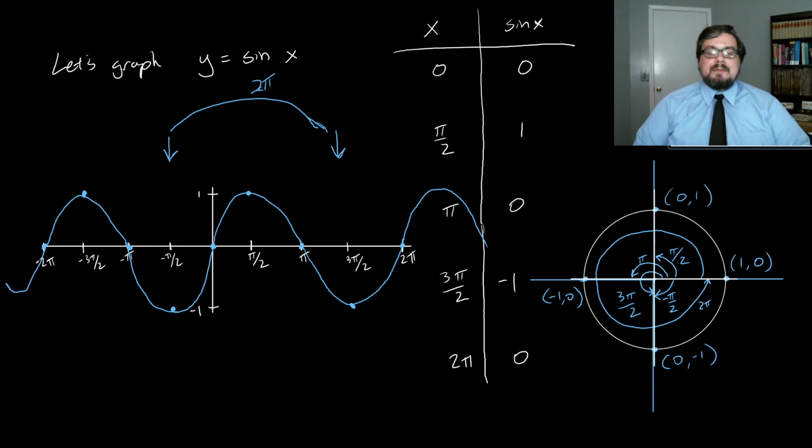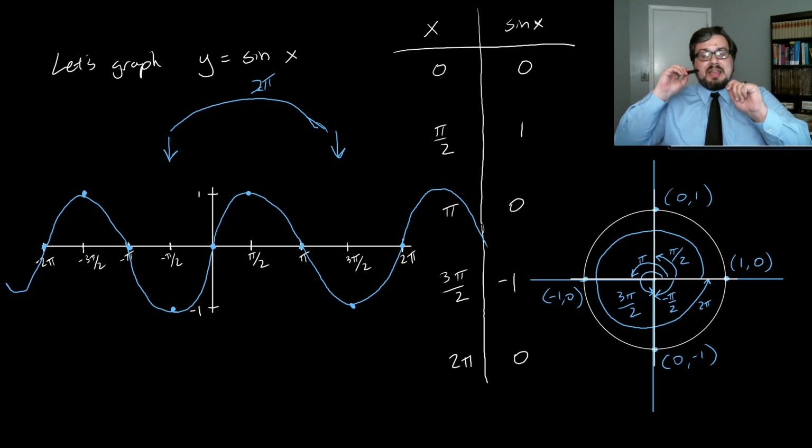And really, you can see why this is happening by thinking about what happens to the y value on the unit circle as you increase the angle that goes in, as you increase theta. When we start with a theta value of 0, with an angle of 0, we have a sine value of 0 because we've got a 0 y coordinate.